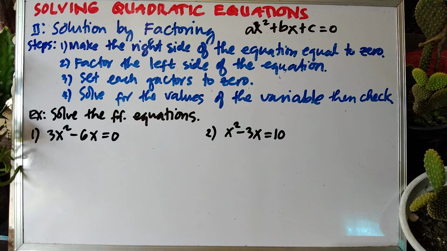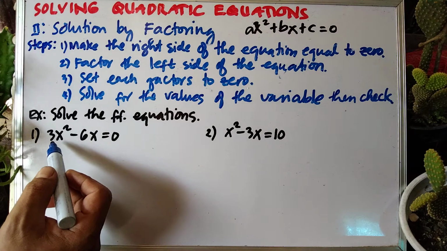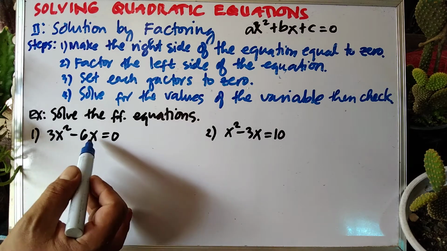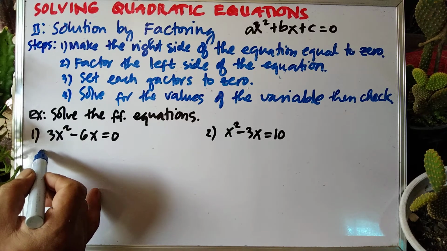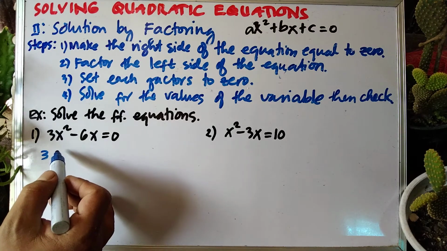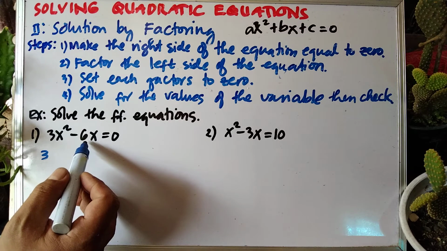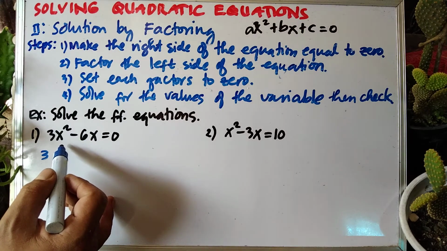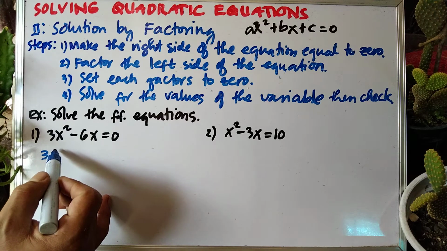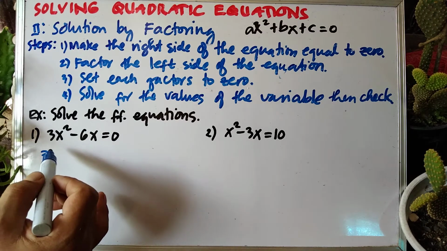So let's move on to number 1. We can directly factor this. What is the common factor of 3x squared and 6x? How about for the numbers? What is their greatest common factor? You have 3, right? So we remove out 3. How about for the variable x? This is simply factoring a monomial, GCF, removing the greatest common factor.